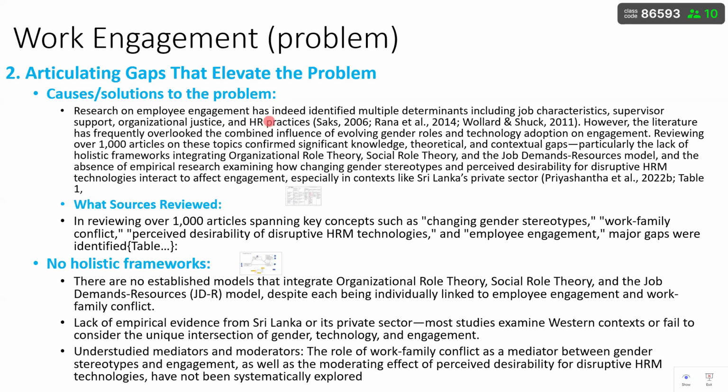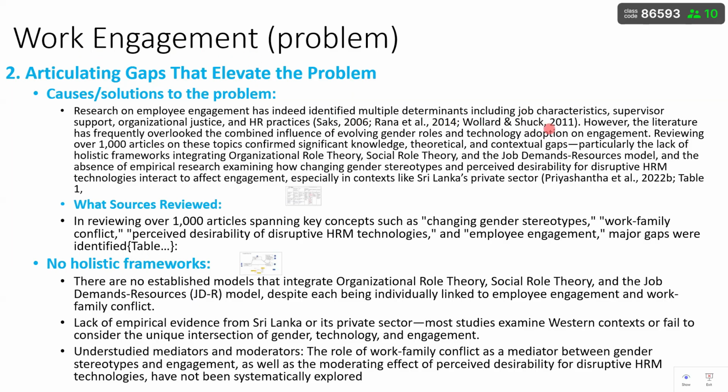Right? Research on employee engagement has indeed identified multiple determinants, including job characteristics, supervisor support, organizational justice, and HR practices. Which means that in the knowledge bases, you have enough knowledge on the determinants of work engagement.